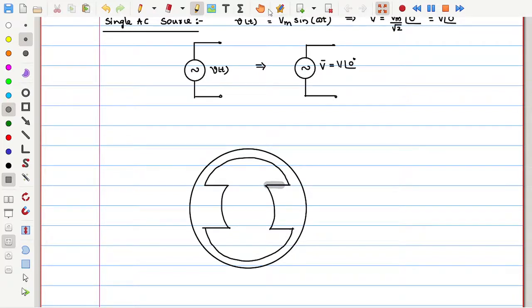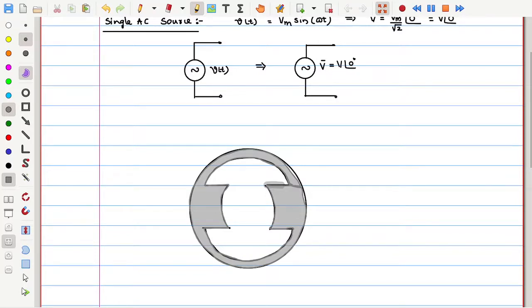Let me shade this portion. See that this shaded region is the magnet; the remaining things are not the magnet.